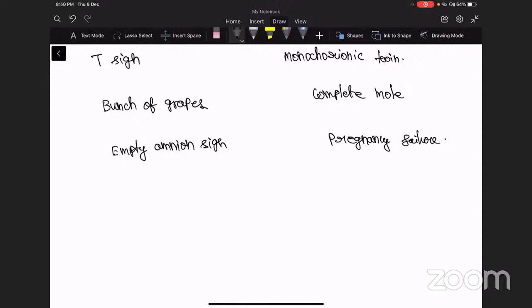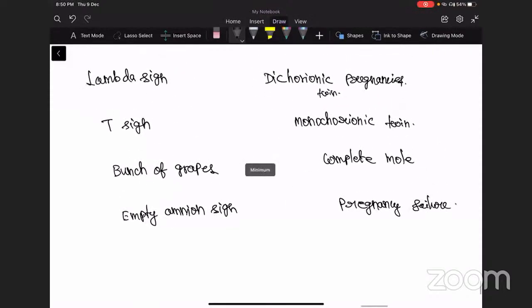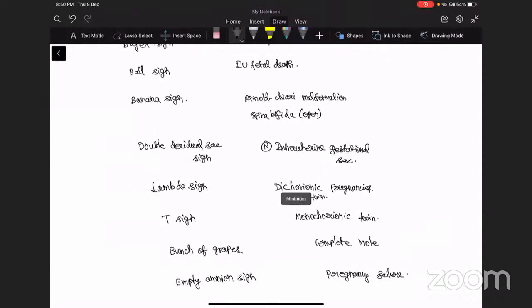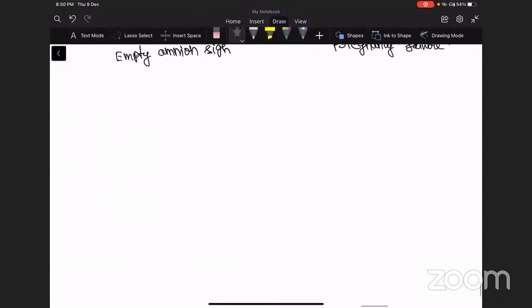So these are the important radiological signs seen in OBG, obstetrics and gynecology.